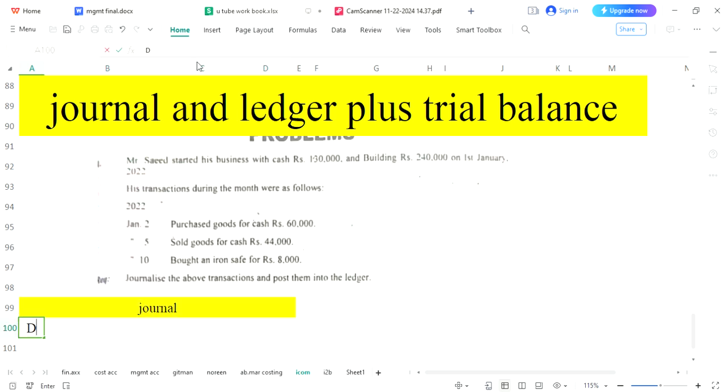First would be the date, and then we will have particulars. You may write the detail over here, and then the amount which would be written in debit, and the amount which would be written in credit. So here is our proforma.